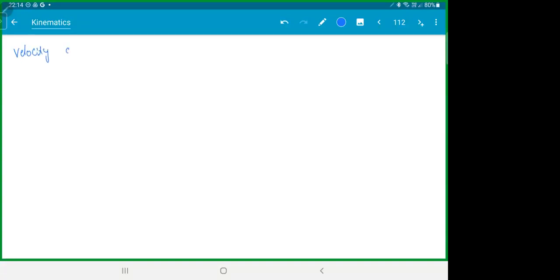Next thing, velocity and acceleration profile. But basics are important. So how does the velocity and acceleration change when you throw a particle?